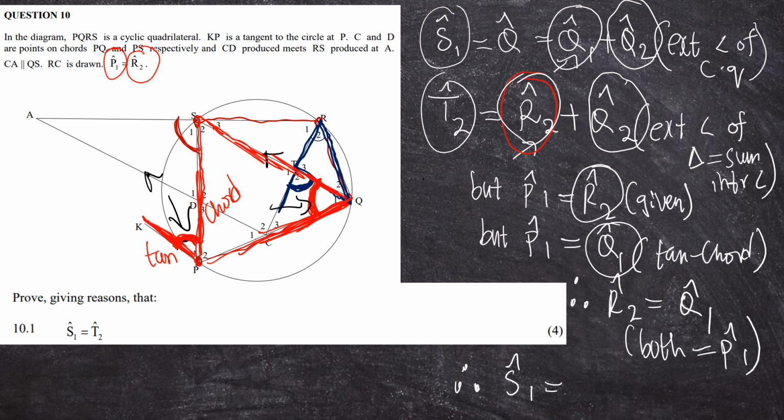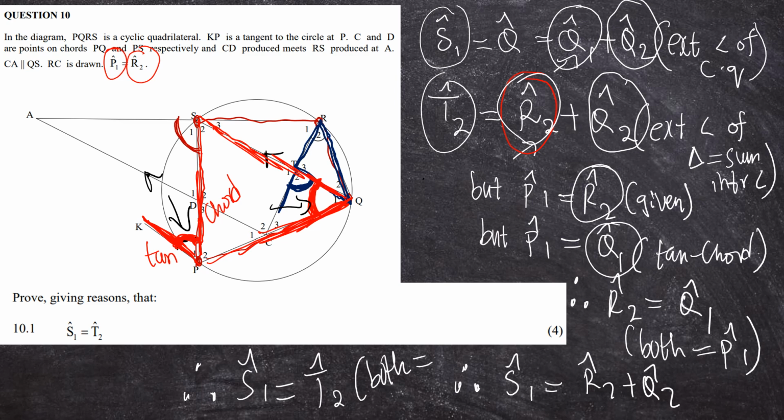Where there is Q1, I can replace it by R2, which is the same as R2 plus Q2, right? Therefore our S1 is the same as our T2. Why? Because both of them are equal to angle R2 plus Q2.